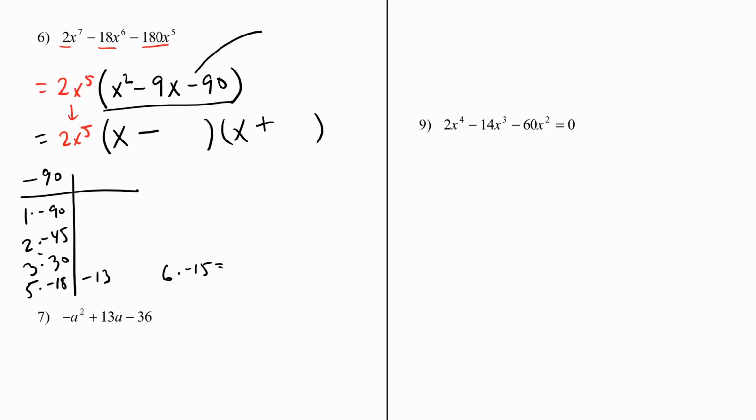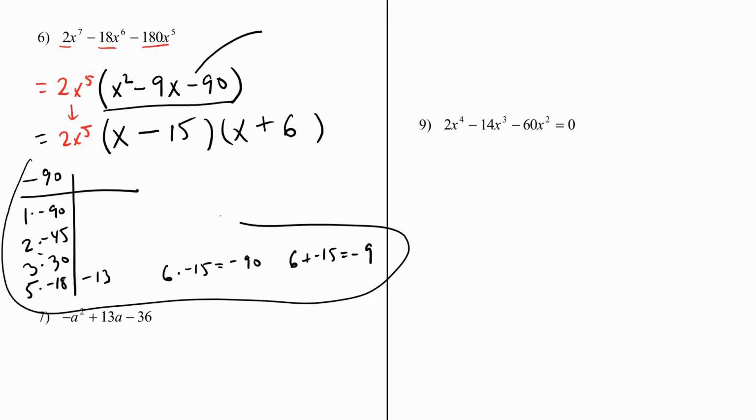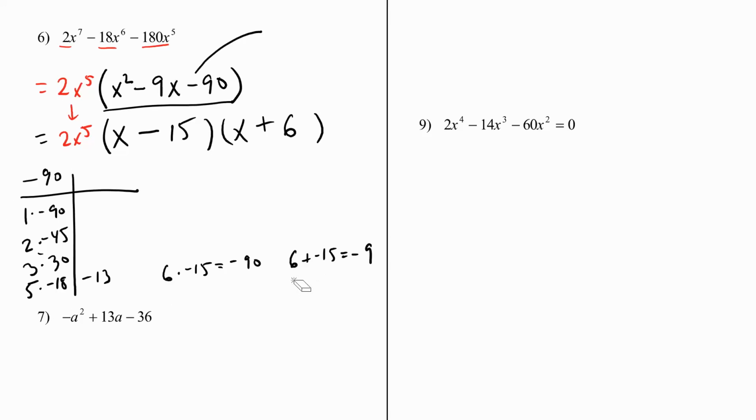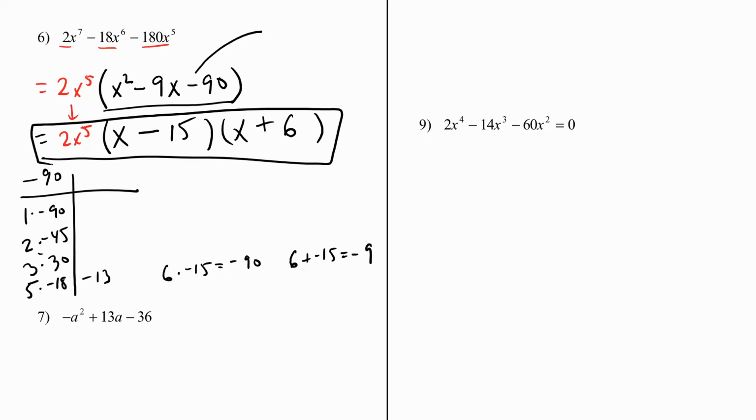Oh, I'm sorry, on this one that does work, so negative 90. If we add those two, we do get negative 9. So negative 15 times 6. You just have to exhaustively go through all the factors until you get your answer. Sometimes it'll happen right away. Sometimes there's quite a bit of work to do.